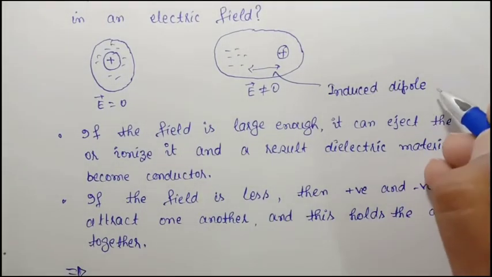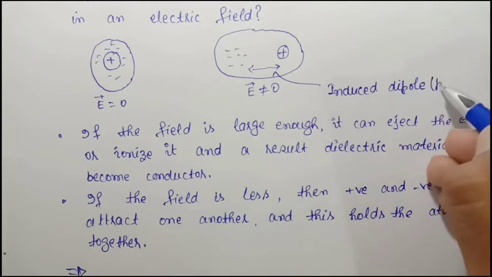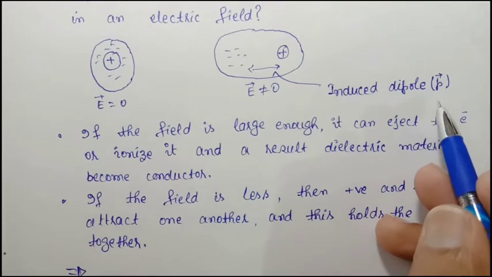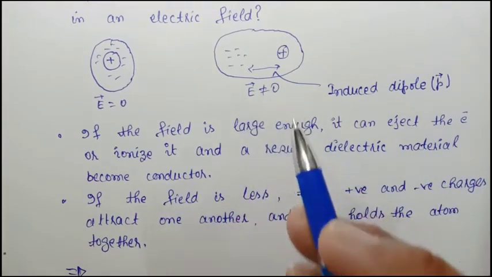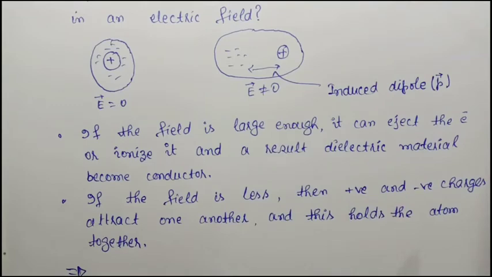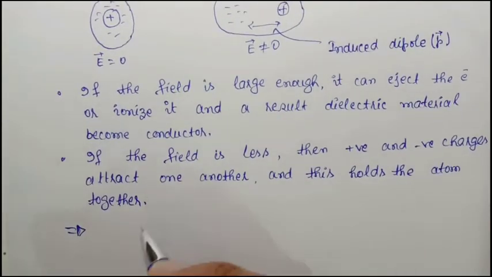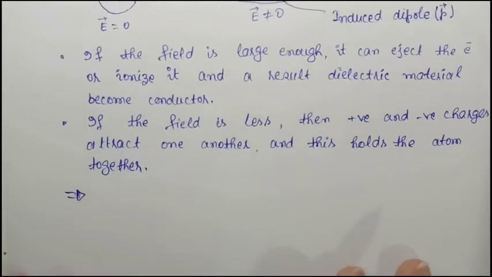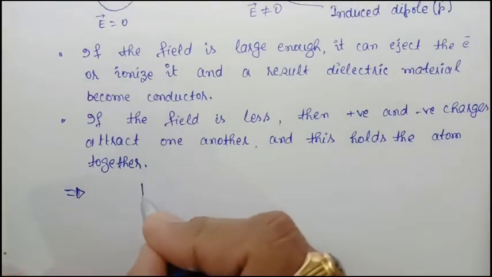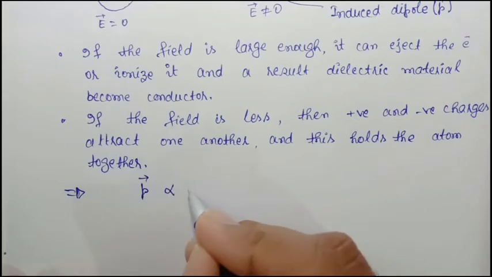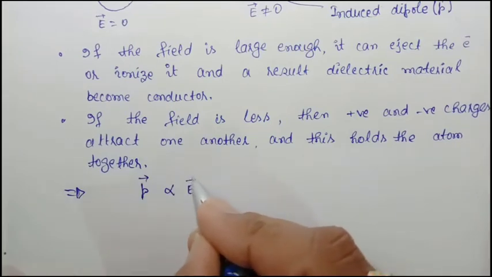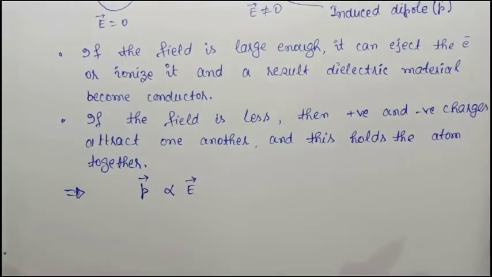Suppose we represent this induced dipole with P. Then the direction of the induced dipole is the same as that of the electric field, or mathematically we can write P, the induced dipole, is directly proportional to the electric field.